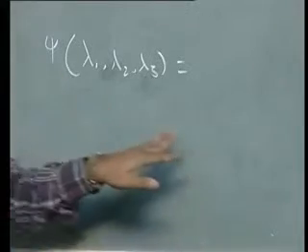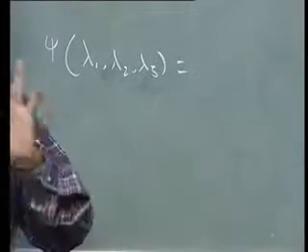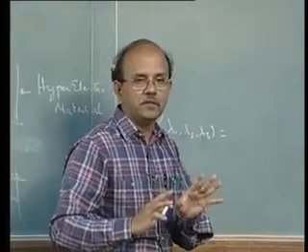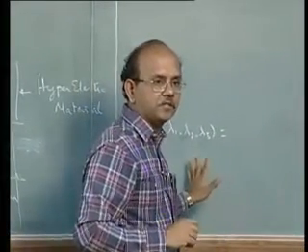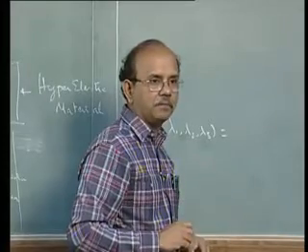I just want to put this down, because why we use stretch here, we will see later. But all of you know intuitively that stretch means deformation, so I can express it in terms of lambda 1, lambda 2, and lambda 3.